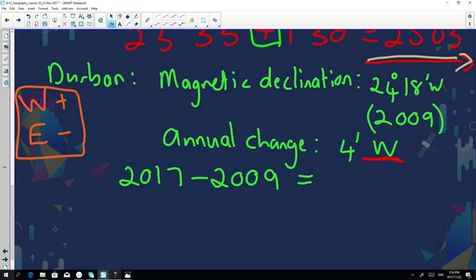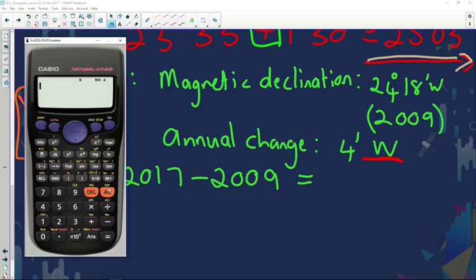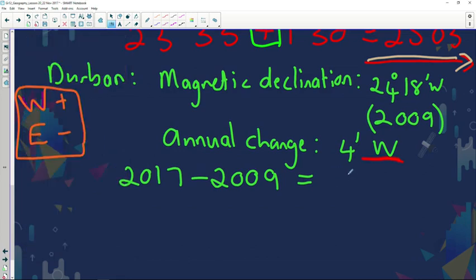Always use your calculator, because you might make a really stupid mistake and eventually your answer will be incorrect. 2017 minus 2009 gives us 8.